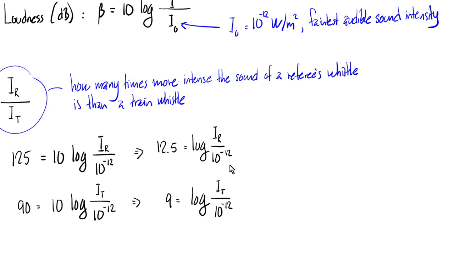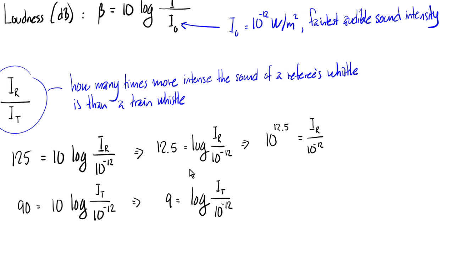We're going to convert these two log expressions to exponential form. In both cases, the base of the log is 10. That means that the base of the exponential form is going to be 10 to the power of 12.5 equals the argument of the log, which is the sound intensity divided by 10 to the power of negative 12.